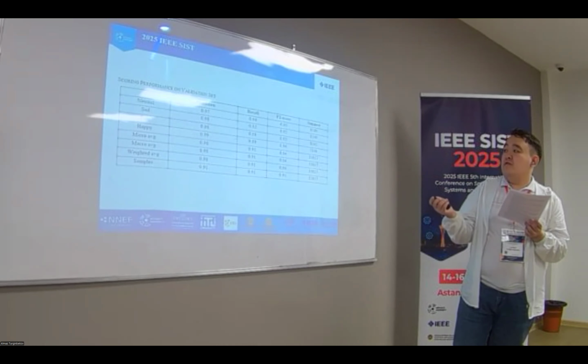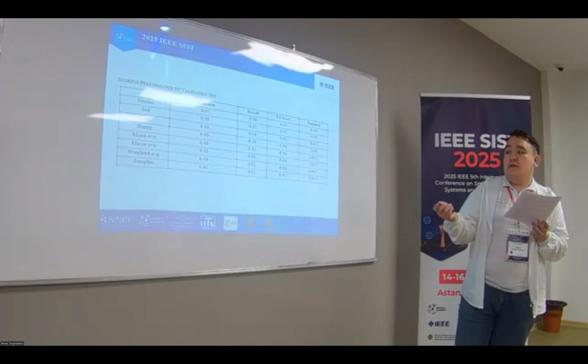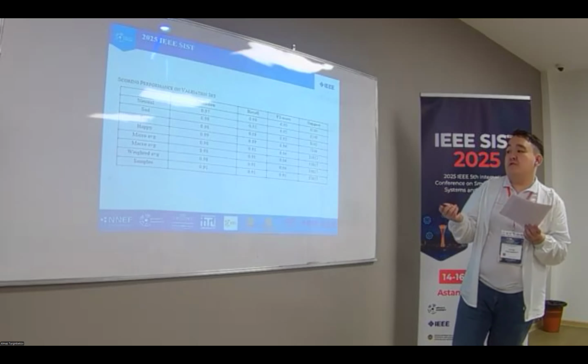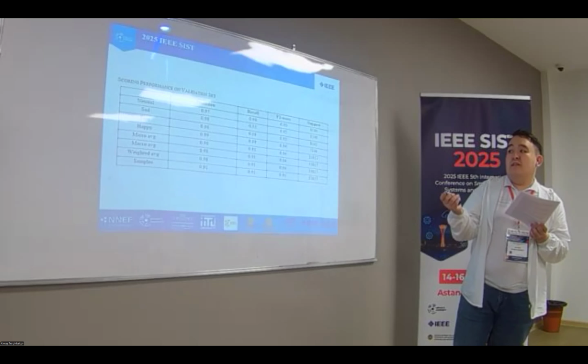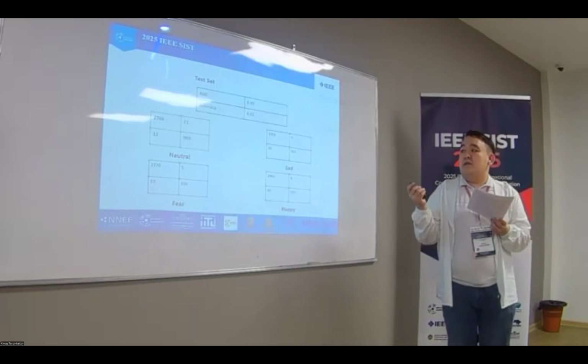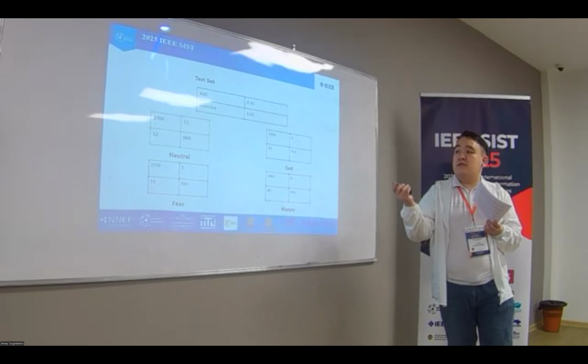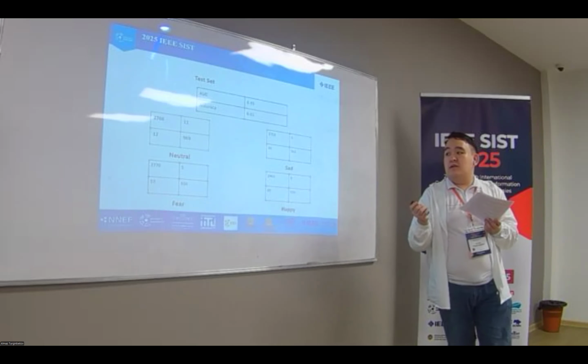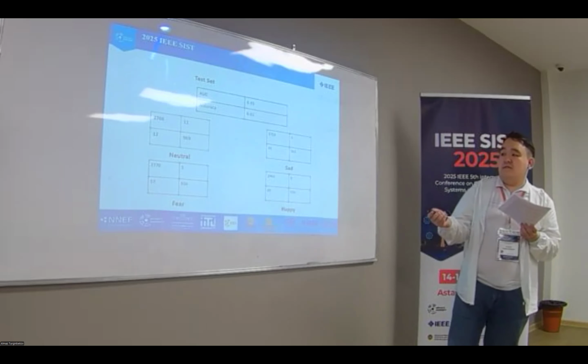Here are precision and recall for every emotion, related to the validation dataset. And for the test set, accuracy is 91%, and the AUC is around 96%. And the confusion matrices are this one.